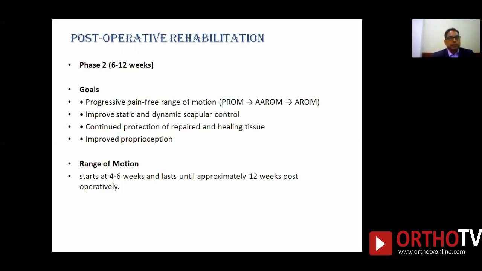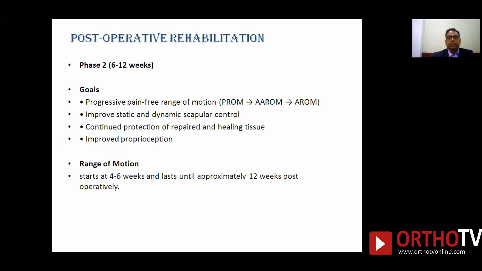The second stage of the post-operative rehabilitation usually starts 4 to 6 weeks after the surgery and goes to about 12 weeks, that is, 3 months. The goal of this stage is to start progressive pain-free range of movement, from passive ROM to active assisted ROM to active ROM.